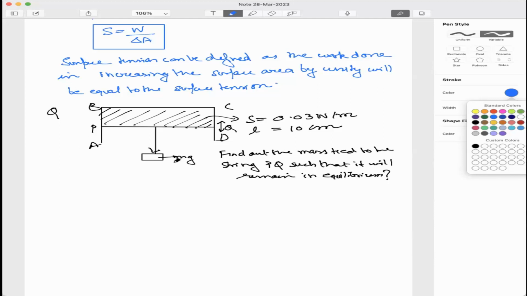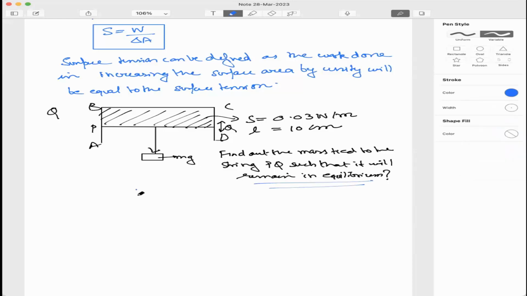Okay. So whenever we say equilibrium, F net on PQ should be zero. So the force acting here is due to the surface tension.